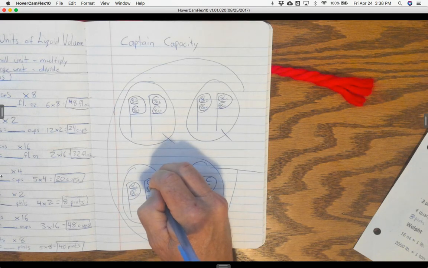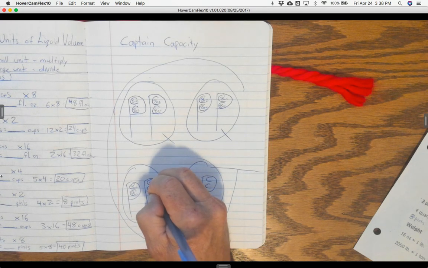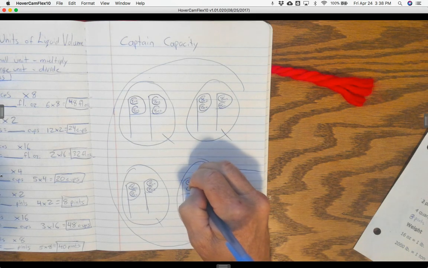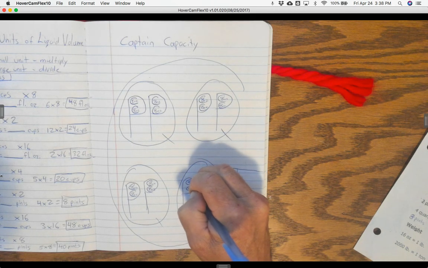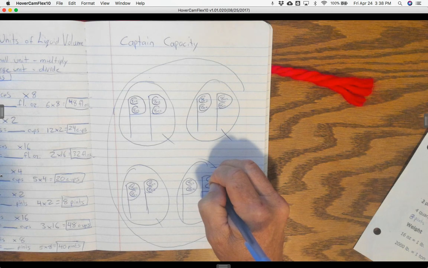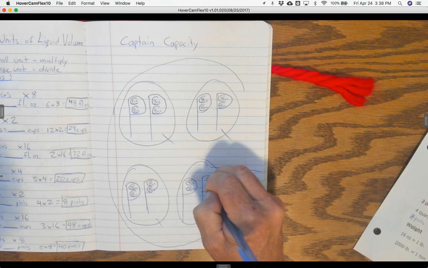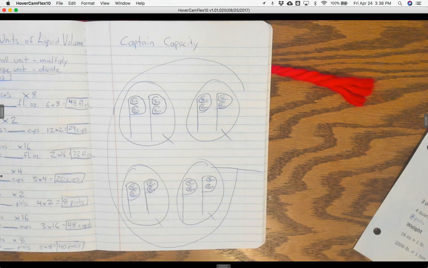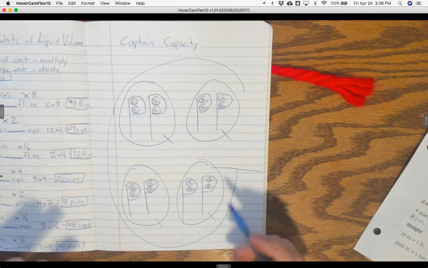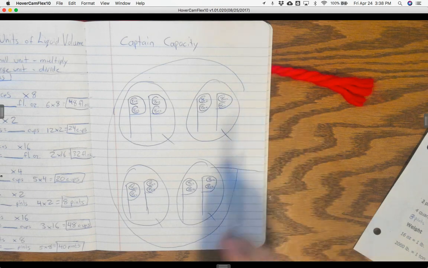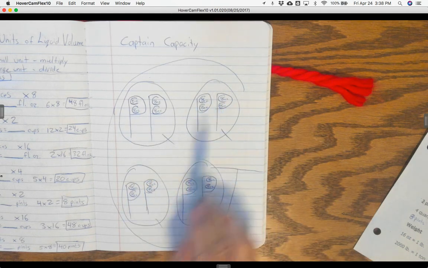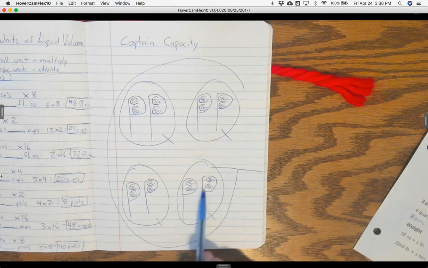So how is this Captain Capacity helpful to us? Well, we can take a look at the captain. And if someone asked us how many cups are in a gallon, we could just count all the C's inside the G. 1, 2, 3, 4, 5, 6, 7, 8, 9, 10, 11, 12, 13, 14, 15, 16. There are 16 cups in a gallon.